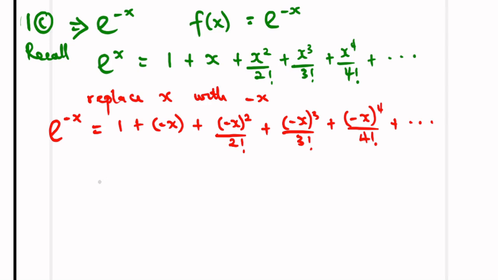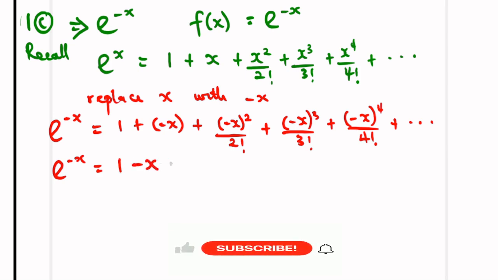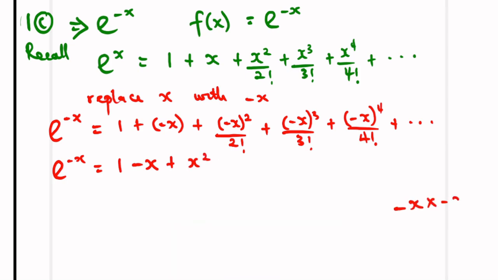Okay, so moving forward, this should be equal to 1 minus x plus negative x squared, which is x squared. We have negative x times negative x, minus times minus is plus, x times x is x squared. If we have one more times minus x, it's going to be negative x cubed. So minus times minus is plus, plus and minus is minus. So for the cube, it's going to give us a negative.